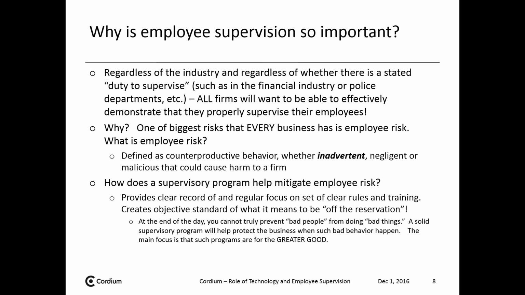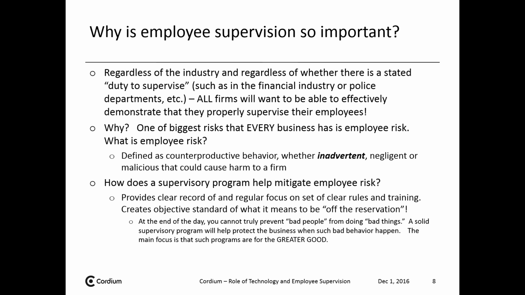What you will see, although it is very important for compliance programs and employee supervision programs to make clear what type of negligent and or malicious behavior is not accepted and not permitted, one of the more important things is to really eliminate the likelihood of inadvertent counterproductive behavior or the perception of inadvertent counterproductive behavior, because in those scenarios it could create liability for the firm, especially if an employee has a strong argument that they didn't realize what they're doing was counterproductive, and it was so inadvertent because they weren't given proper instructions and a detailed set of rules.